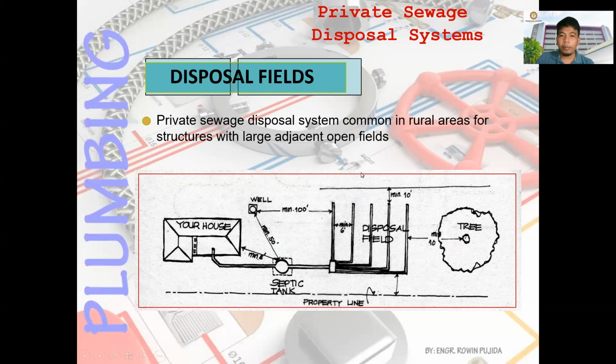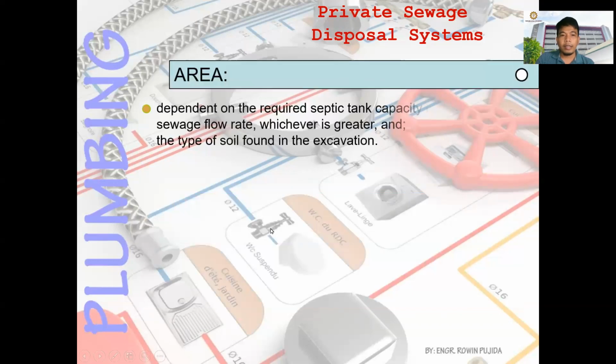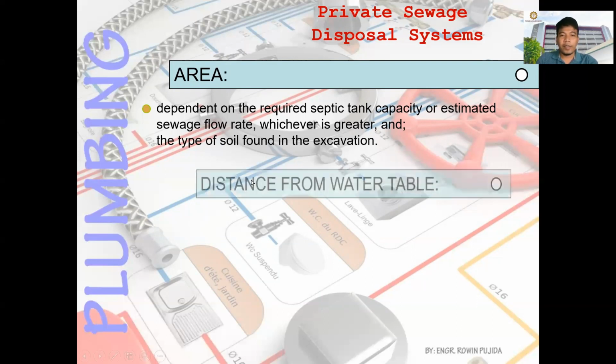But in open fields, you can have your disposal fields, maybe the areas 50 meters from your house or building. Then you have the area dependent on the required septic tank capacity or estimated sewage flow rate, whichever is greater, and the type of soil found in the excavation.